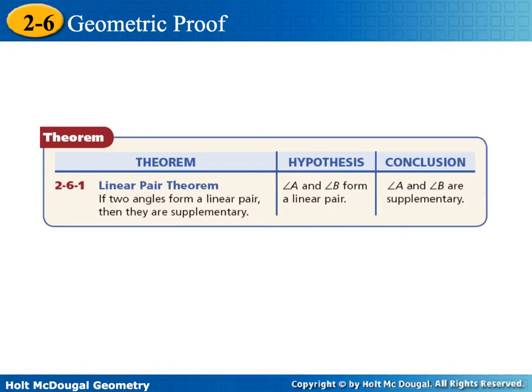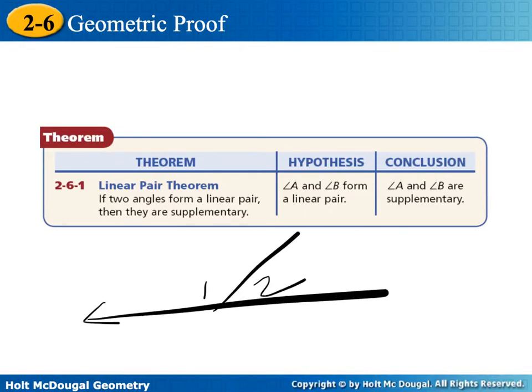So if I drew angles 1 and 2, because they are linear, they are also supplementary. If they form that T, then they're supplementary, which means they're 180. That's going to be helpful when we start to prove things. So if I have linear pairs, I can set them equal to 180.